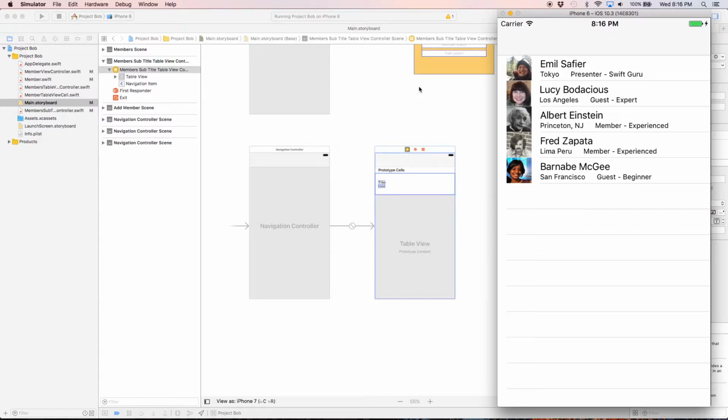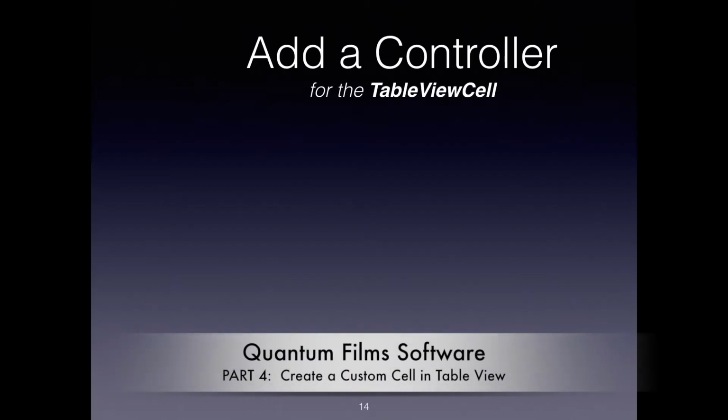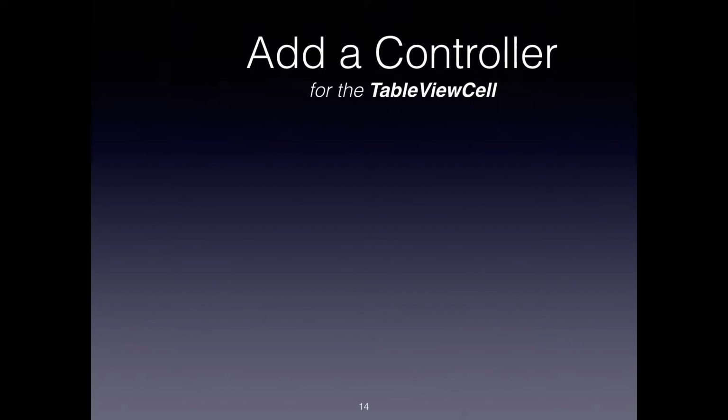So as a general rule, you need to know how to create a custom cell, and that's what we're going to talk about next. Now we're going to customize the cell. Here's the thing that you need to understand clearly: when you customize the cell, the system doesn't know what you're going to put in the cell. You might have labels, you might have buttons, you can have 10 labels, you can have one label.